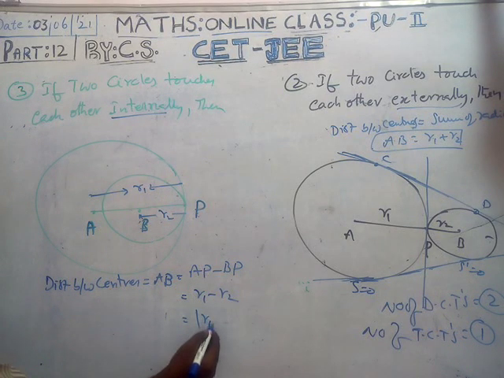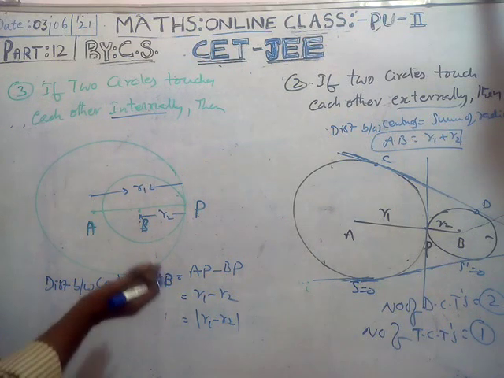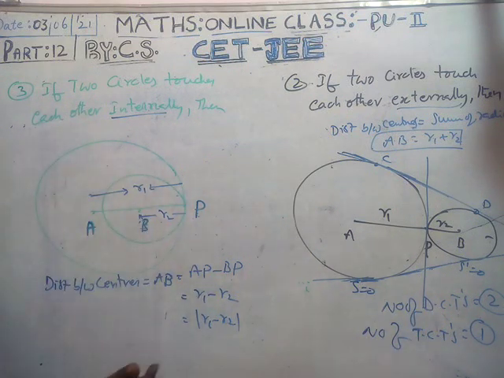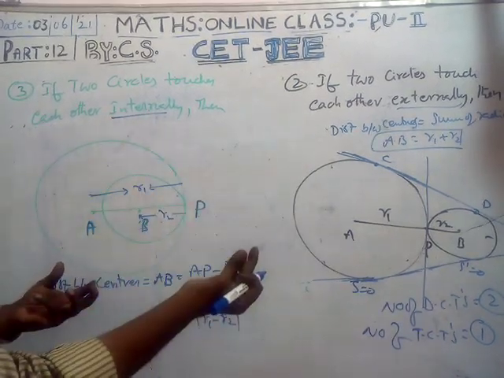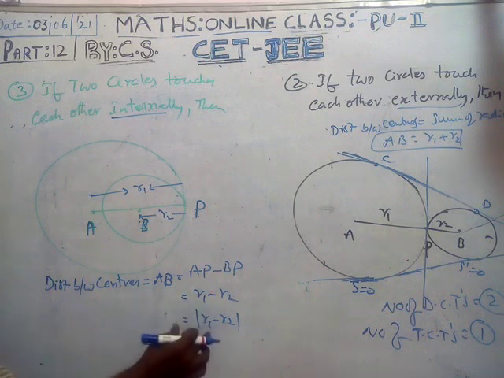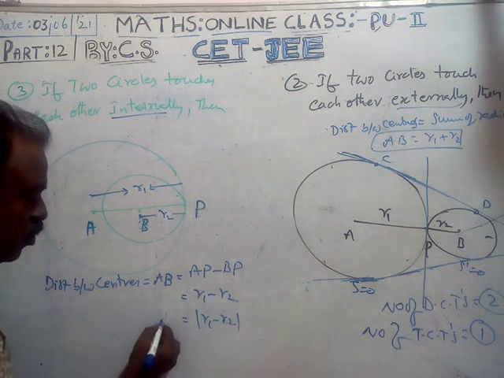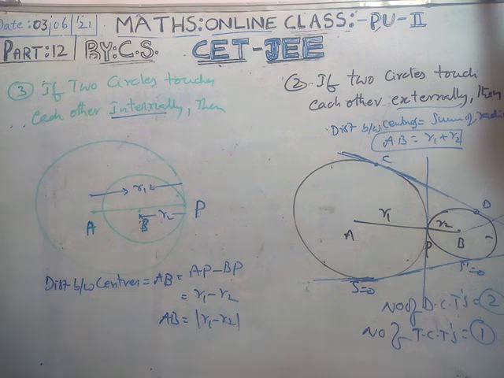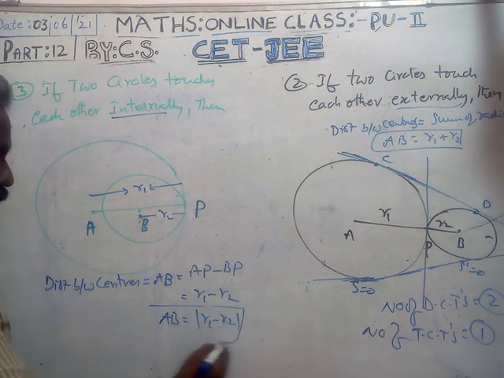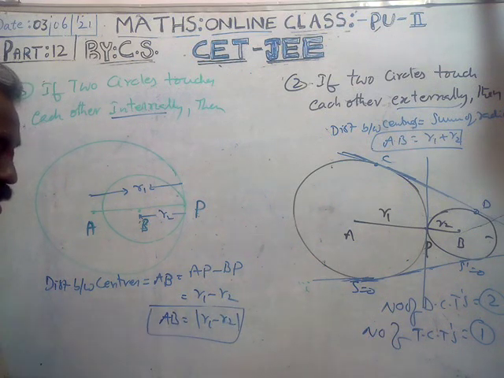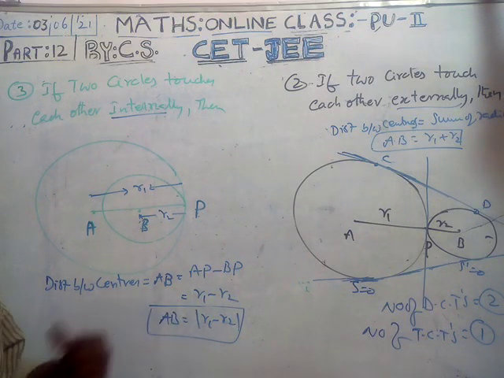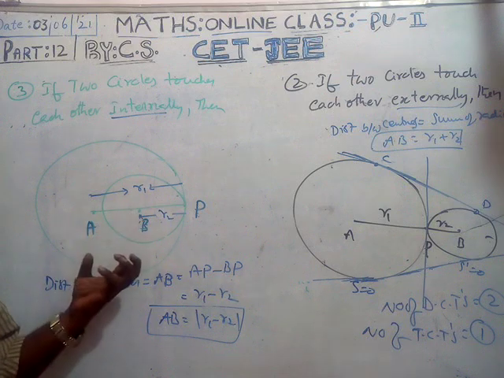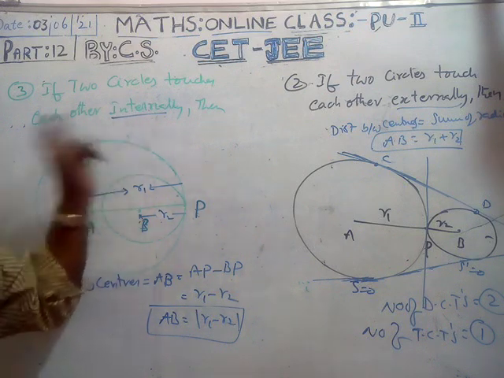Better to put it in modulus, because we are given only two circles in the problem and we don't know which one is greater. So AB is equal to the difference of radii when the circles are touching each other internally.